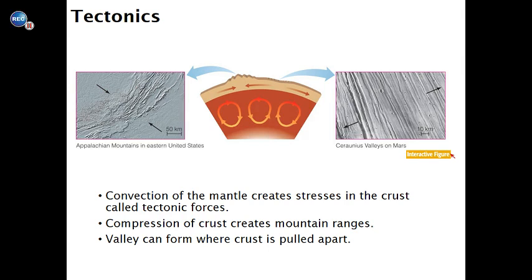Here is an example of tectonic stresses that are pushing together, and the Appalachian Mountains have formed, and they're slowly being eroded away. But they're a wrinkle in the surface that is pushed forwards. Valleys form, and we also have a picture of valleys on Mars where the material has stretched outwards and pulled apart the surface.